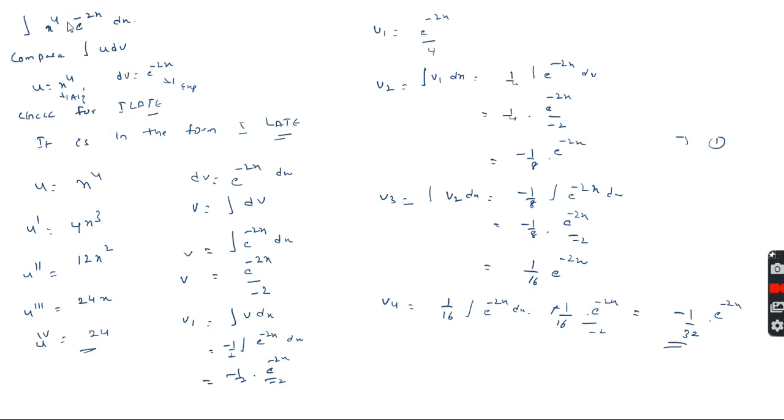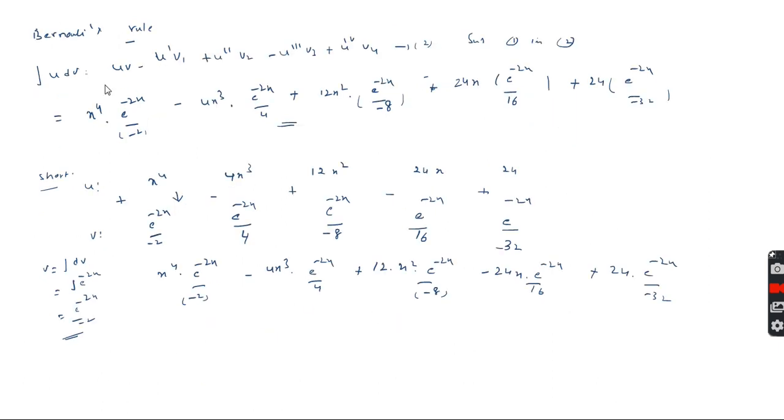And if the degree is 4, we can find the derivatives or integrations up to the fourth one: u dash, u double dash, u triple dash, u4 dash, and similarly v1, v2, v3 and v4. And next we write the Bernoulli formula, that is the Bernoulli rule, we substitute all the values, and then we simplify.